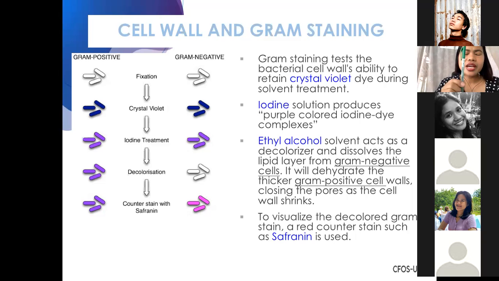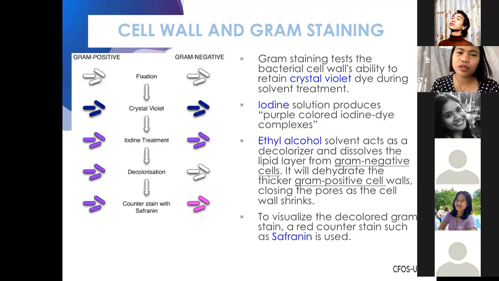For this one, it is advisable to use 18 to 24-hour-old cells, because if you use old bacterial cells, especially a gram-positive bacterium, it will lead to a false negative result. A false negative means it is actually a gram-positive bacterium, but it will manifest the characteristics of a gram-negative bacterium.